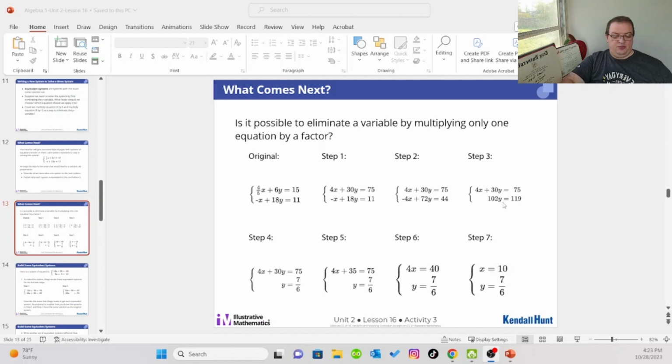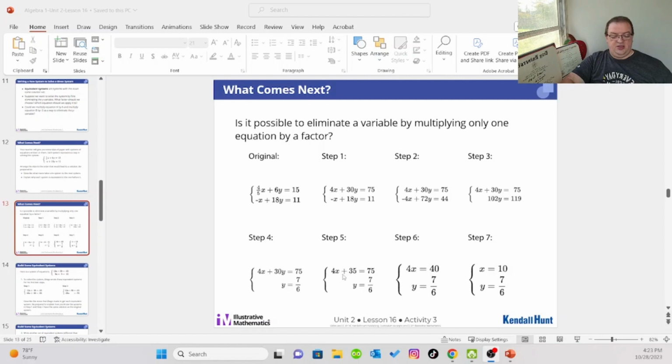Now to go from this bottom equation to this bottom equation, we divided both sides by 102. Now we have a value for y. So what we did was we took that value of y, we substituted it into the top equation for y, and we got 35.